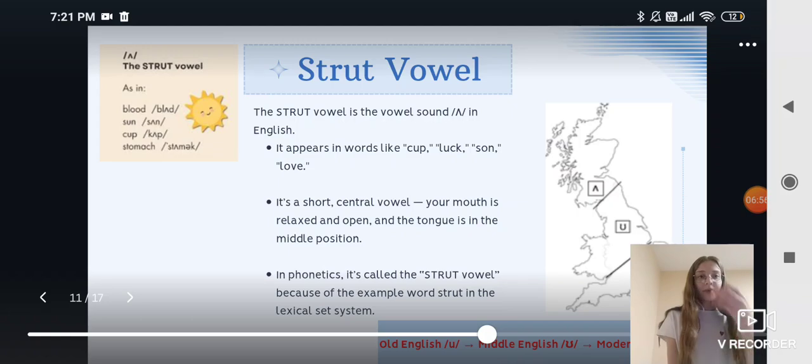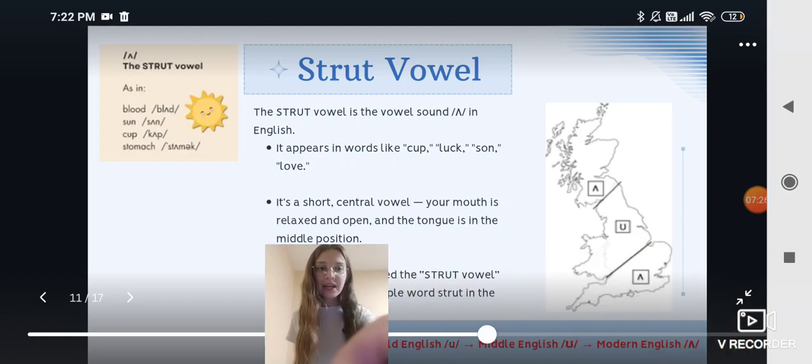Actually, in Old English, there is no such thing as the strut vowel. All these words used to be pronounced with the short U. But with time, especially in the 17th century, people started pronouncing these words with the strut vowel, like we still use today.